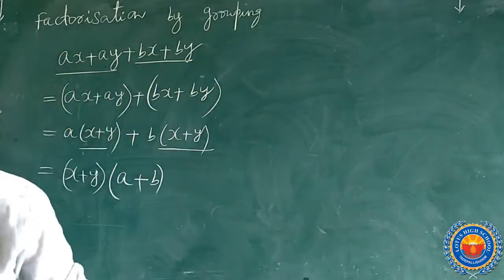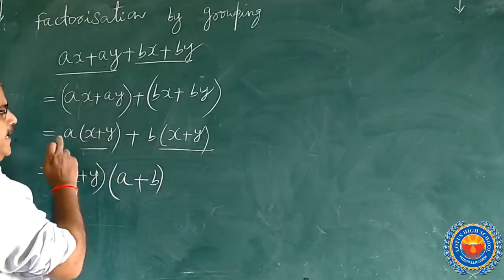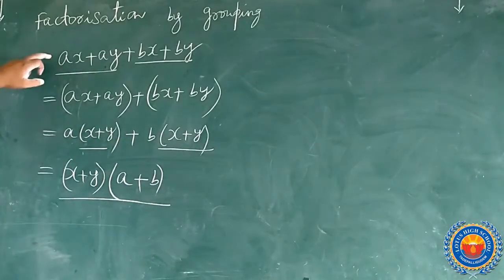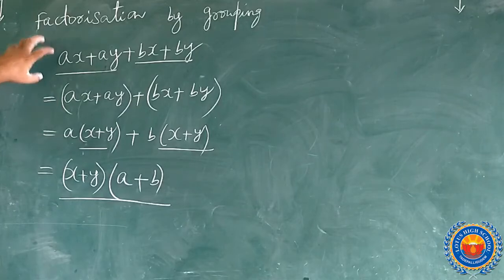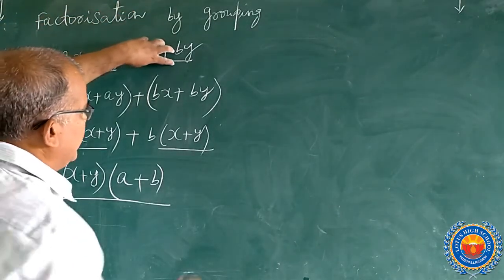But there is no need to do it like this. You take x plus y as common, and the remaining is a plus b. If you multiply these two, you will get this answer. So I am grouping these two, ax plus ay plus bx plus by.